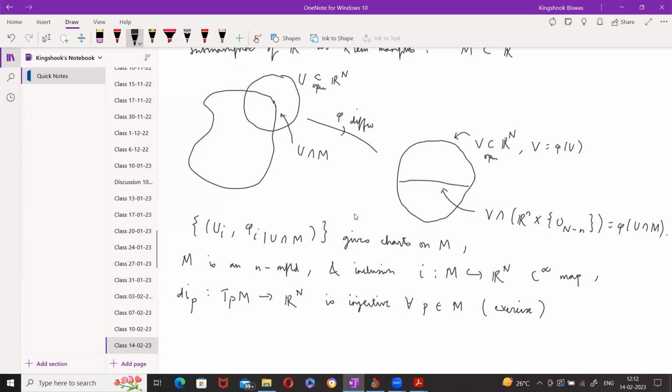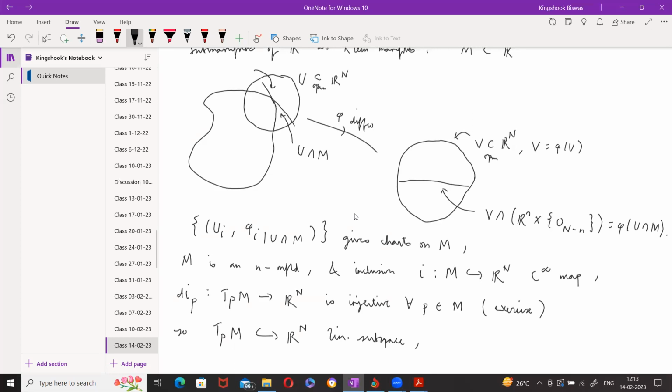So that means that T_pM, the tangent space at each point, is identified with a linear subspace of R capital N. So in this picture, this would be this linear subspace.